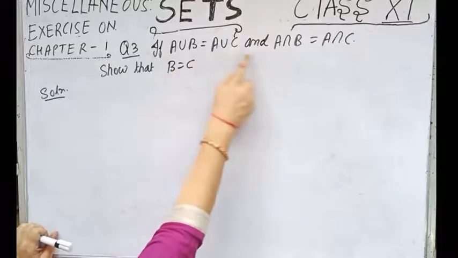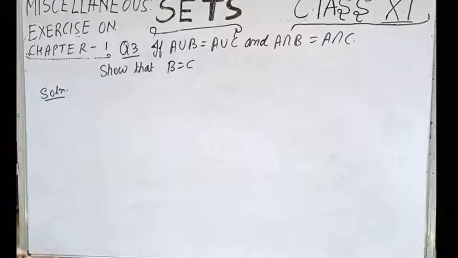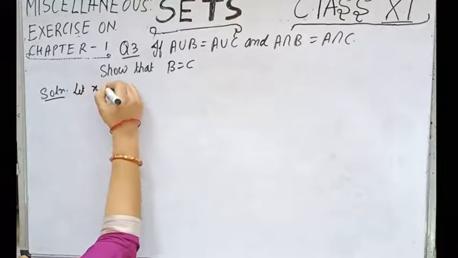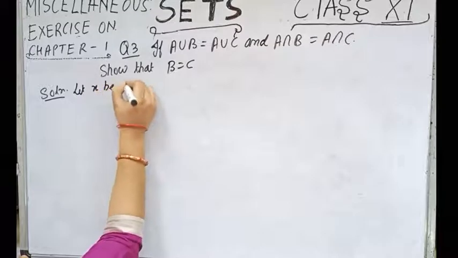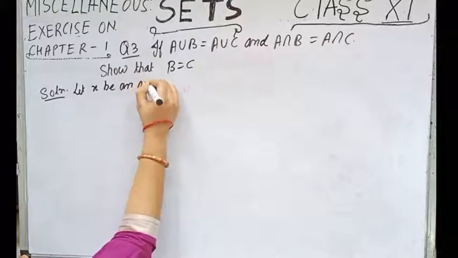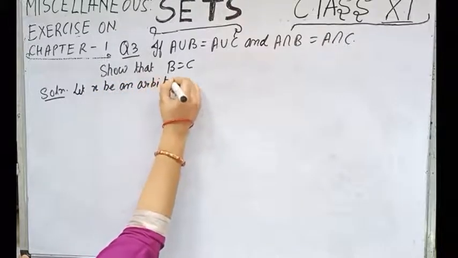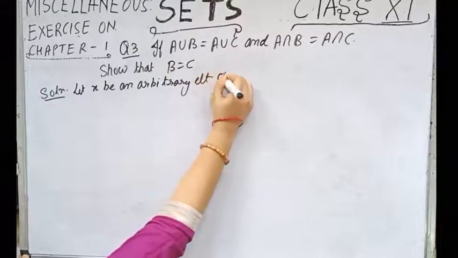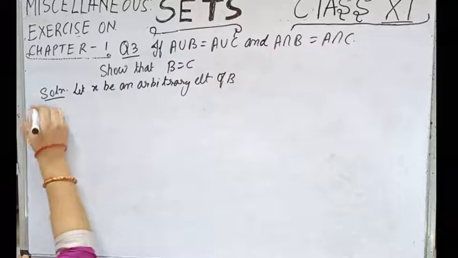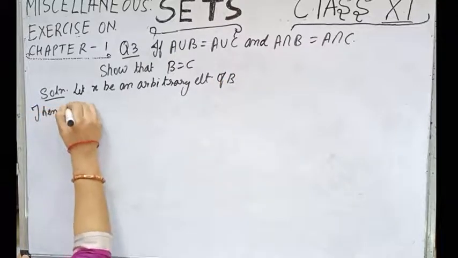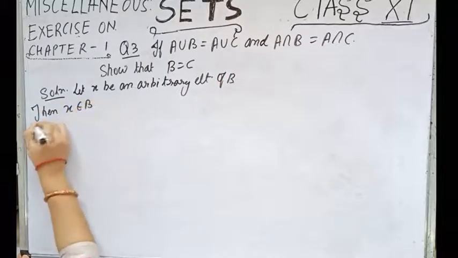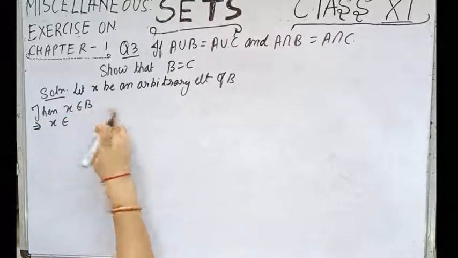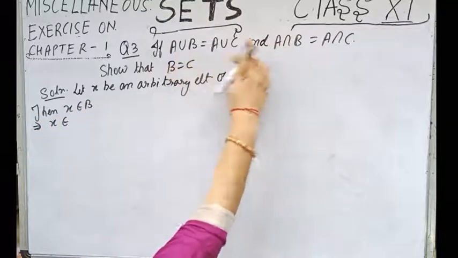Obviously, in proving this we have to use the given conditions. So let us start. Let X be an arbitrary element of B. Then X belongs to B. If it belongs to B, we have to use these conditions.